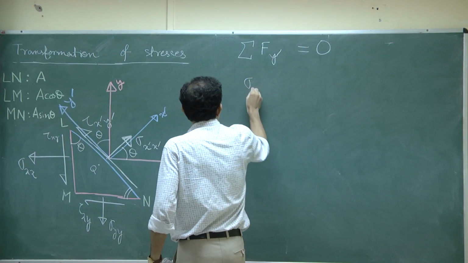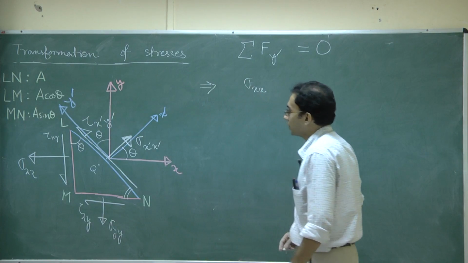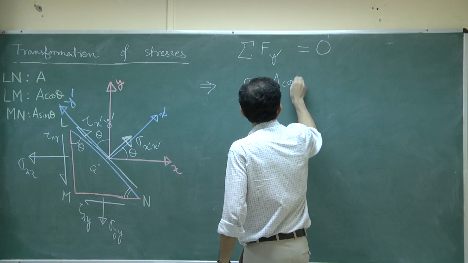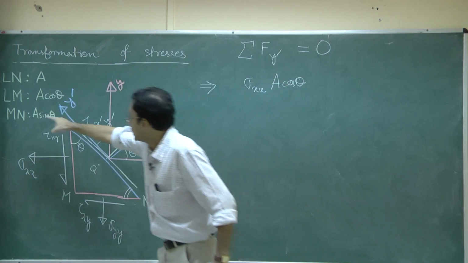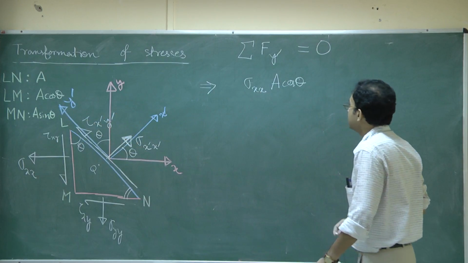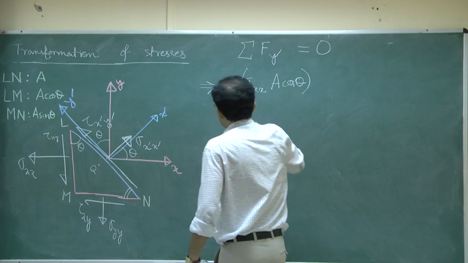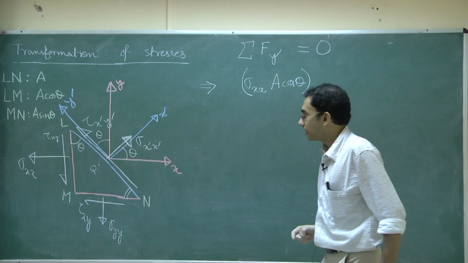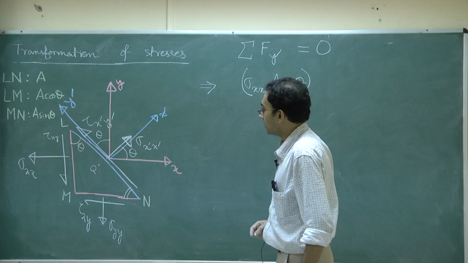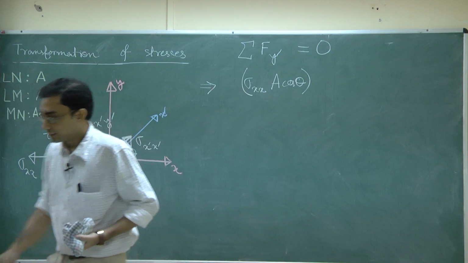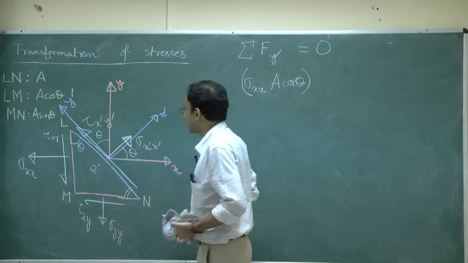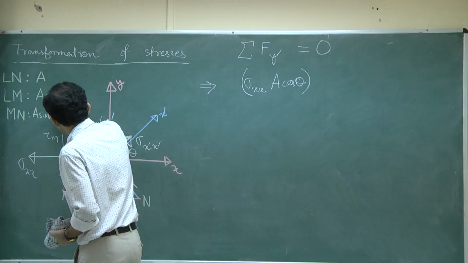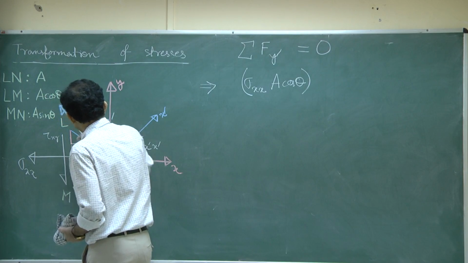Again, without worrying about the plus or the minus, let me write down the force contribution. Sigma xx will be multiplied by a cos theta, referring to this one, Lm is a cos theta. But this time I have to take the force component not parallel to the x dash direction, rather parallel to the y dash direction. So I highlight it once more that this time we are considering the force balance along this y dash direction, this one. Okay.